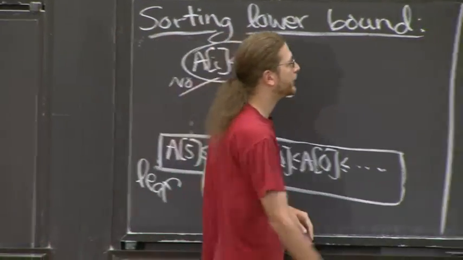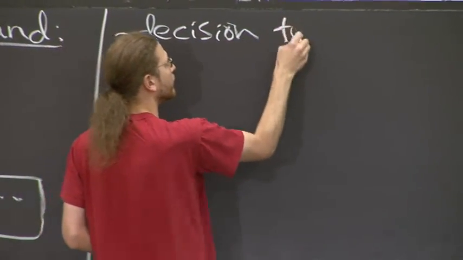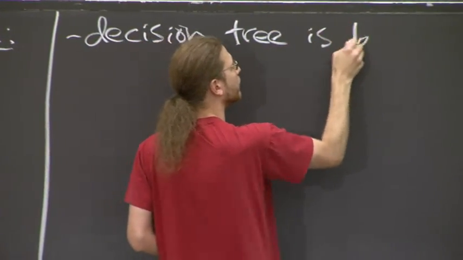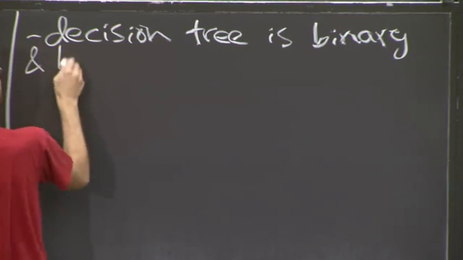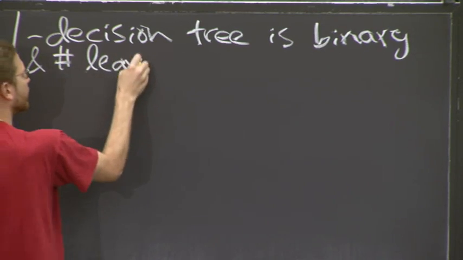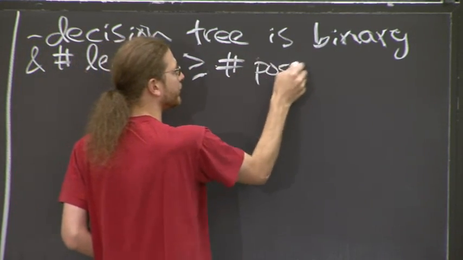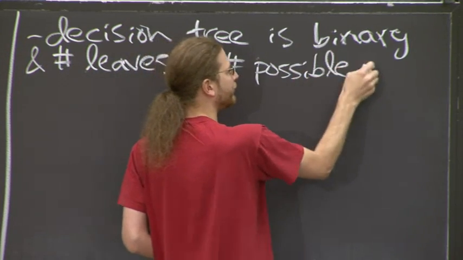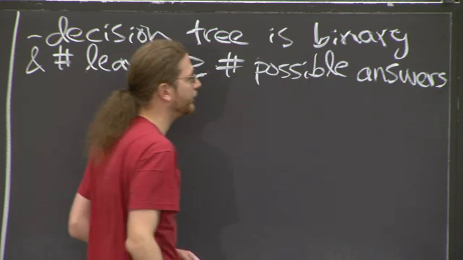Why? Because the decision tree is binary, and the number of leaves has to be at least the number of possible answers. Could be more because each answer could appear in several leaves, and it probably will in a typical sorting algorithm.